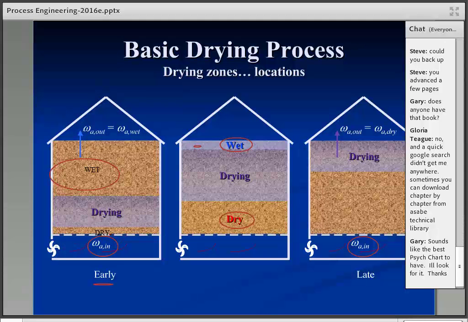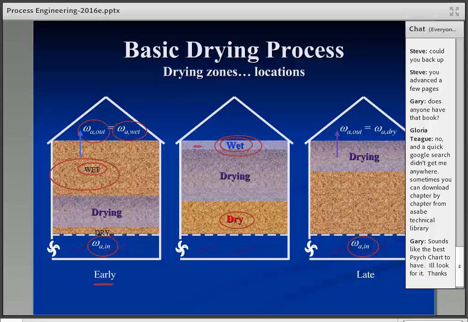But anyway, as I said, the inlet condition is not changing in here. We've got some humidity ratio coming in. Early in the process, when the upper grain is still wet, we have some outlet humidity ratio equivalent to the wet material. As the drying process moves along, the amount of wet material up at the top decreases and decreases. Somewhere in the middle of the process, it disappeared.